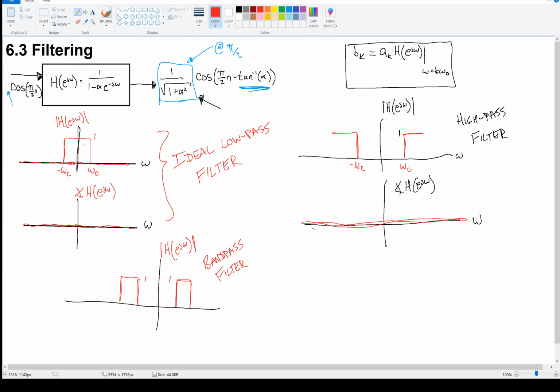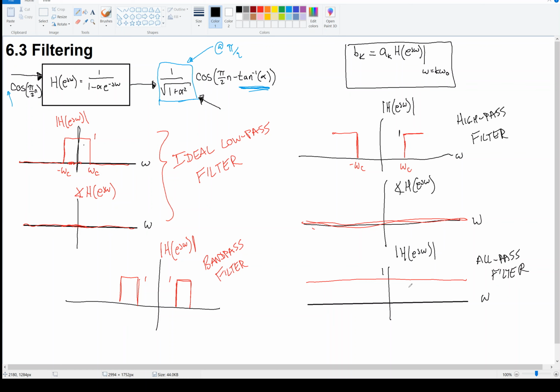Okay. And the last one I want to mention, there are others, is an all-pass filter. An all-pass filter has a magnitude response that is constant, like this, and it's 1.